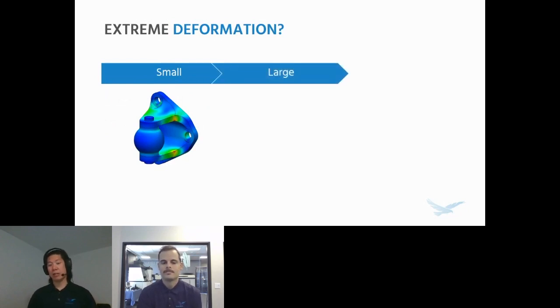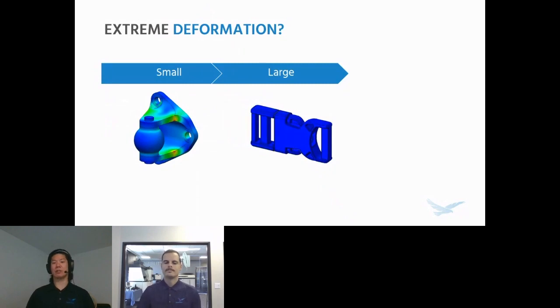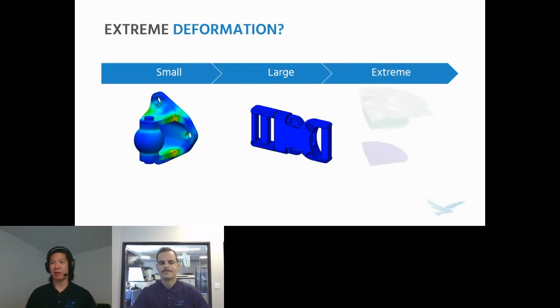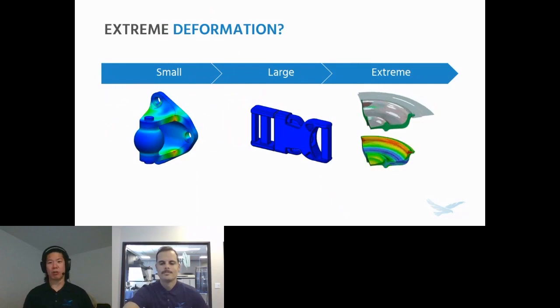In contrast, with a large displacement analysis, we're actually starting to get some shape change. The material's bending, it's flexing, it's stretching, and the strains are higher. And then when we go beyond that, that's what we mean when we say extreme, when the material's really changing shape. Like in this forging example, the material's almost flowing and the strains are very, very high.